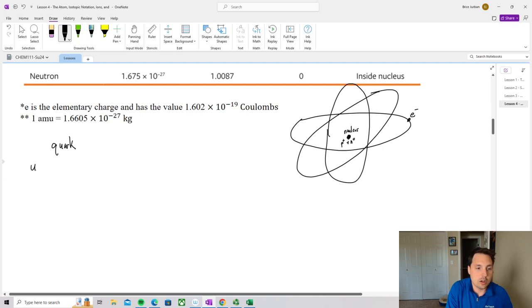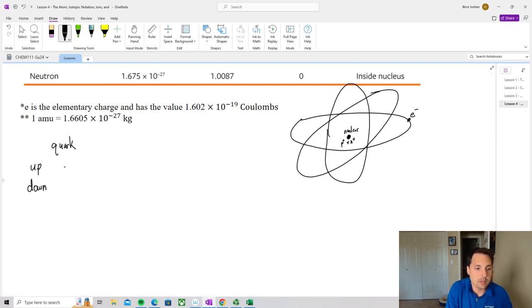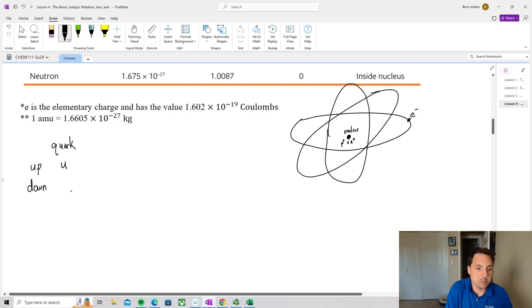There are two first-generation quarks, the up and the down. The up quark is given the symbol U, and the down quark is given the symbol D. Each of these quarks has an elementary charge. The up quark has a 2/3 elementary charge, and the down quark has a negative 1/3 elementary charge.